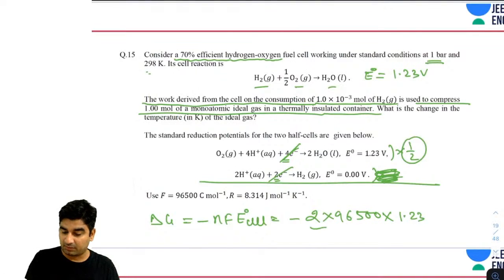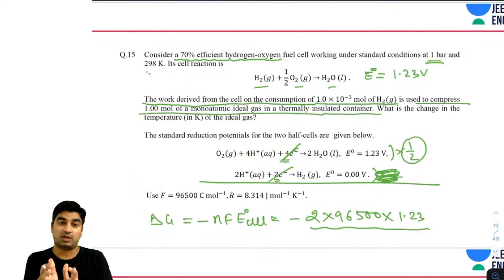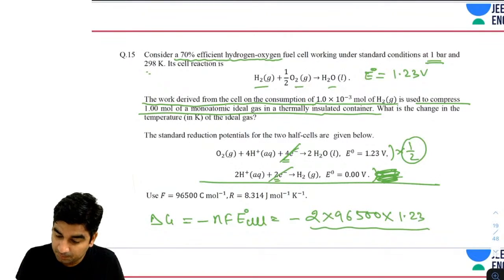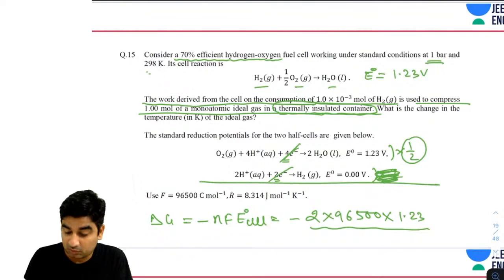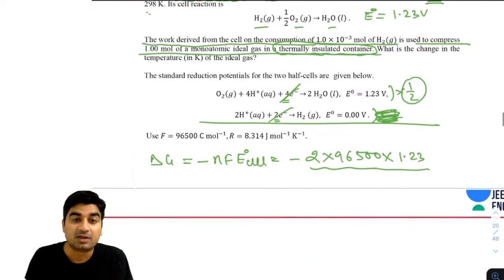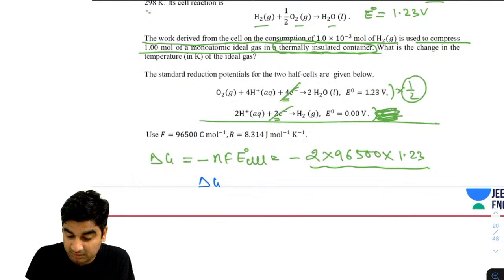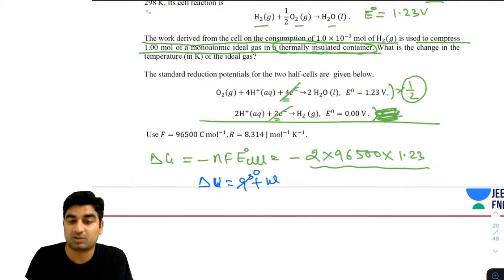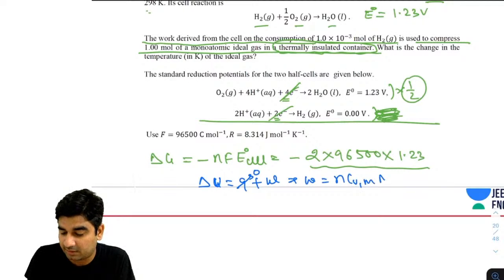Now you are utilizing this work to compress 1 mole of monoatomic gas in a thermally insulated container. A very good problem, thermodynamics is involved. Delta U is equal to Q plus W. Thermally insulated means there will be no transfer of heat. So work done will be equal to n Cv,m delta T.